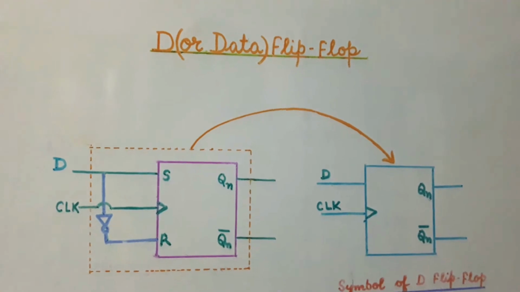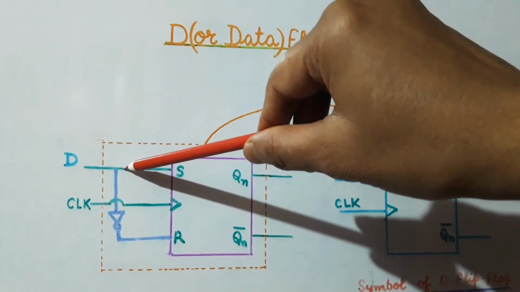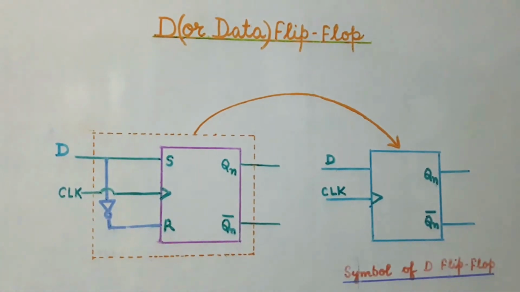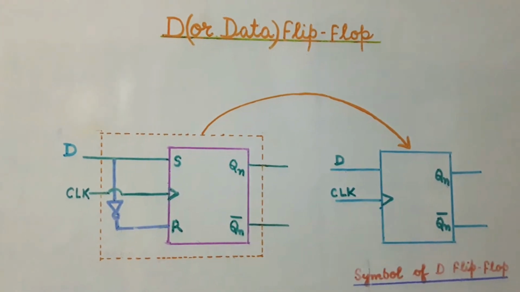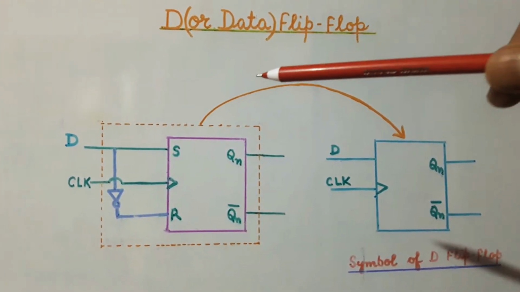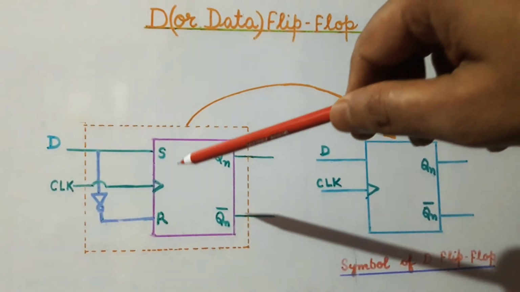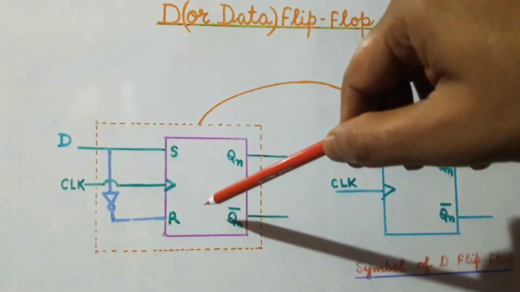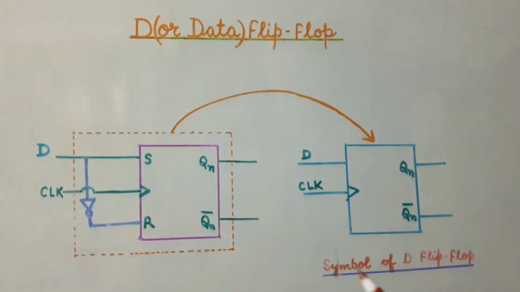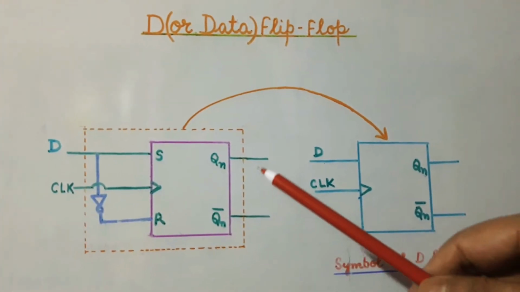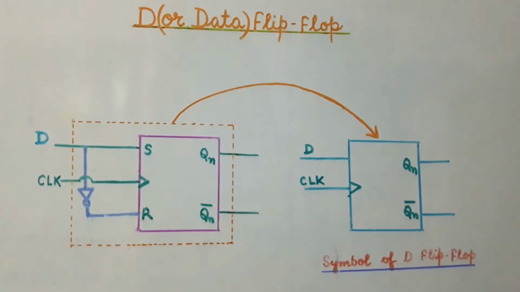From this figure we see that D is the data, and this is one of the most commonly used flip-flops, because in D flip-flop we just give the inputs, we store the data, and then we remove the clock, but our data will still be there. That is why D flip-flop is a very important flip-flop.